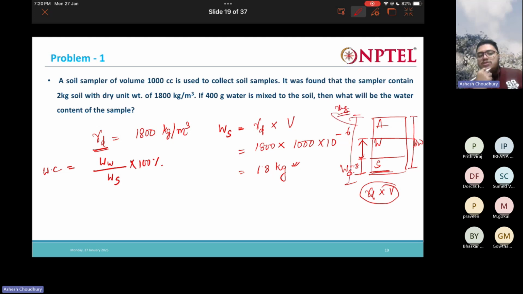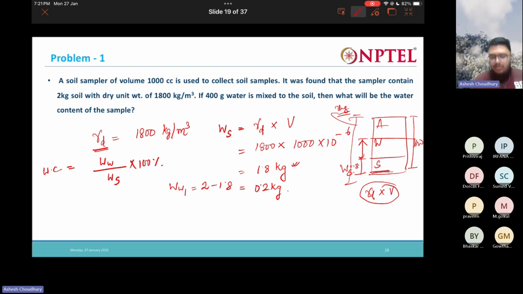So how much is the weight of water? Very easy, right? Weight of solids you know, total weight you know. Yes, 0.2 kg, 200 grams. So weight of water is nothing but 2 minus 1.8, nothing but 0.2 kg.